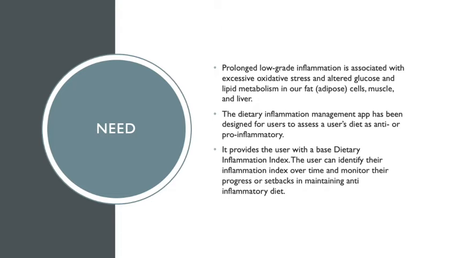It provides the user with a base dietary inflammation index, and it also lets them track this index over time and monitor progress or setbacks in maintaining an anti-inflammatory diet, which is the target.